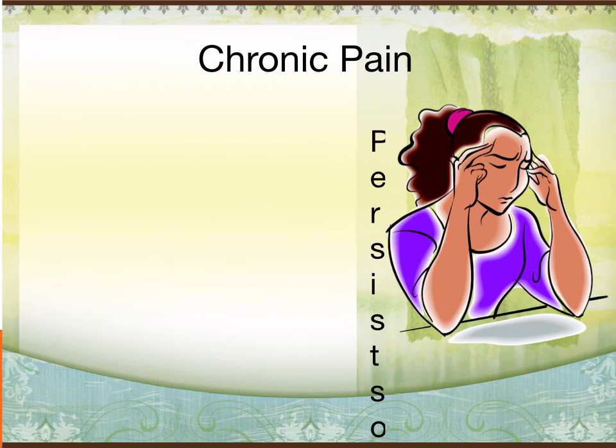In chronic pain, it is gradual, and the pain is lasting more than 6 months, and the pain areas are hard to identify. Vital signs can be normal. So I really want you to read these differences between acute pain and chronic pain from the book.